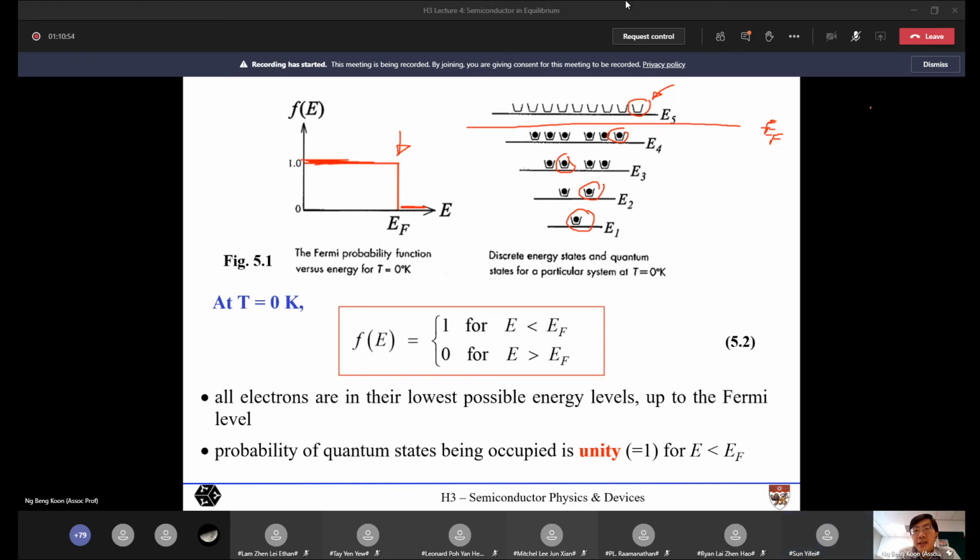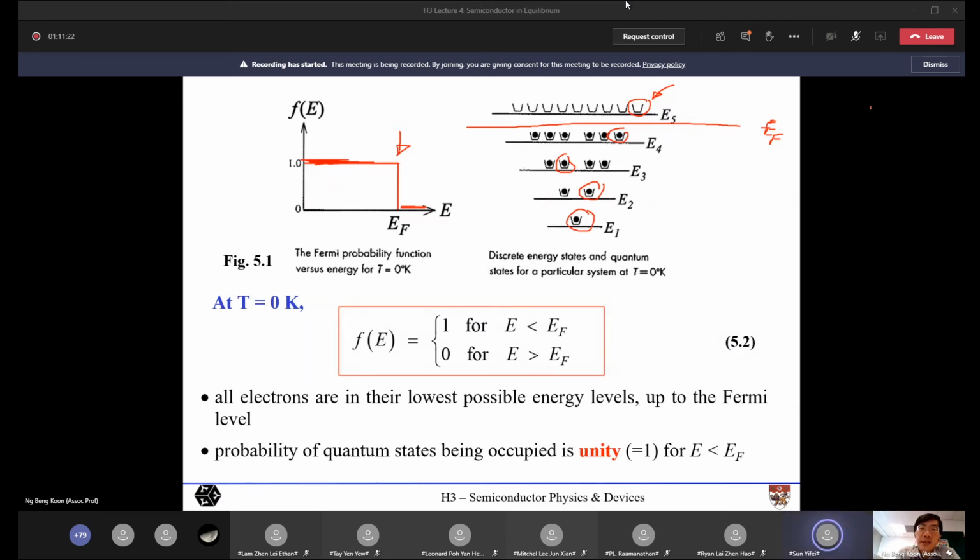Okay, hang on. In terms of temperature, it would change under different conditions, which we'll talk about in a while. But at this stage, you need to understand that the Fermi level is the level in between the transition from states that are occupied to states that are not occupied.